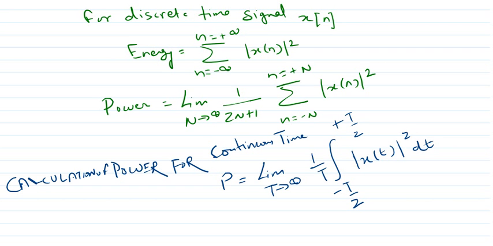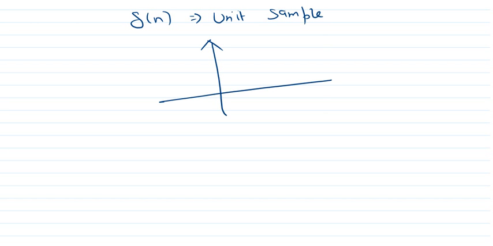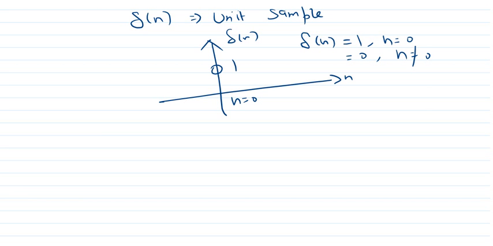So let us calculate the power and energy of a few signals. Like we also have delta[n], that is the unit sample. So what is delta[n]? Delta[n] equals 1 for n equals 0, and 0 for n not equal to 0. So what is the energy of delta[n]?